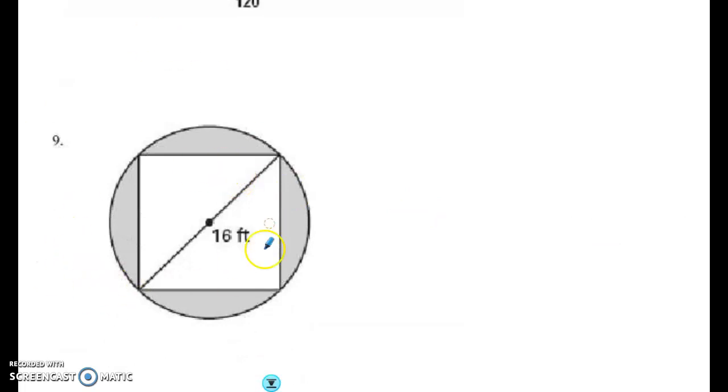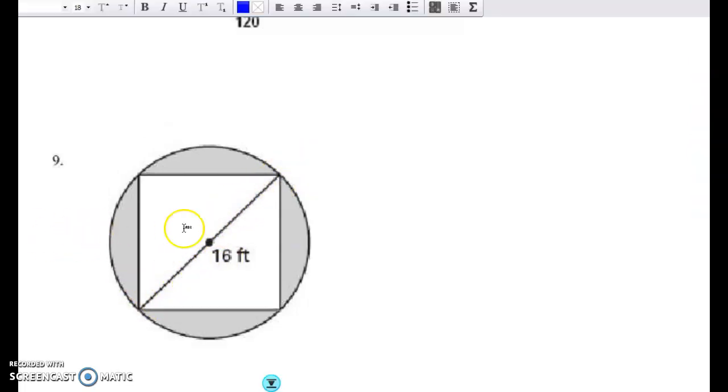And this one here is a circle minus the square. I'll give you a little hint on this. The radius of this circle, even though the diameter is 16, we know that the radius is 8. Half of it. So that's for the circle.